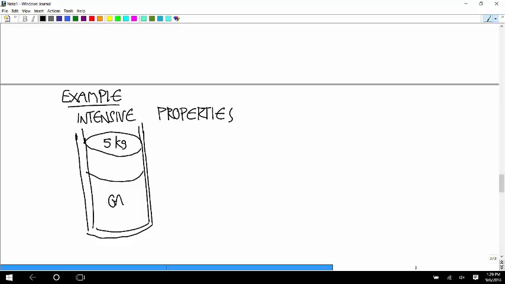This is the gas. And let's say that we have 0.1 kilograms of gas.